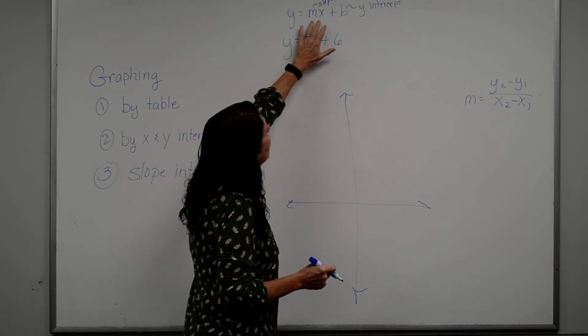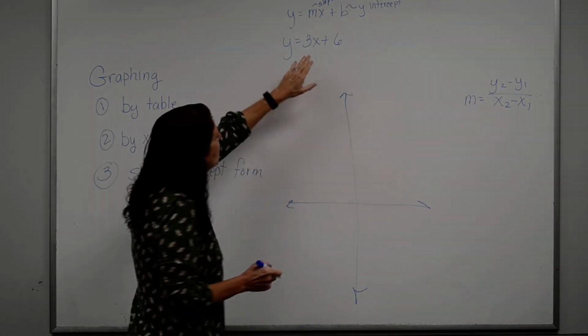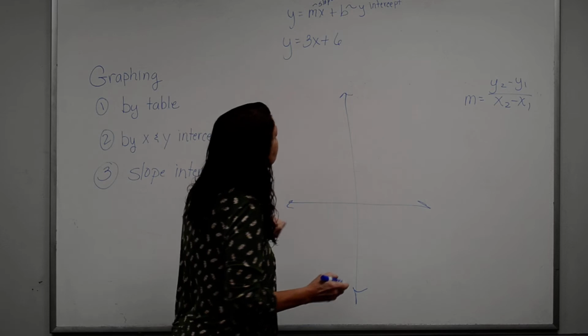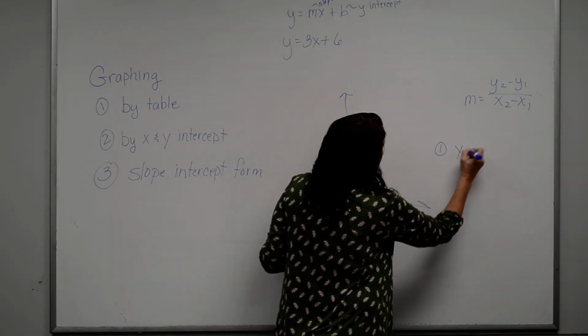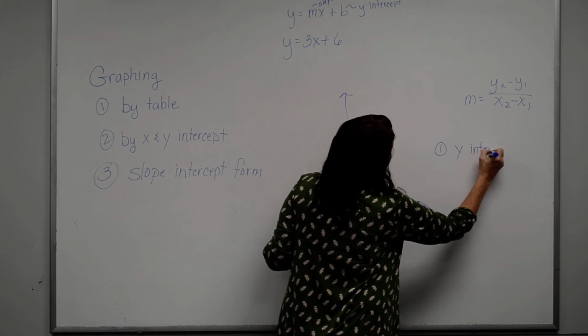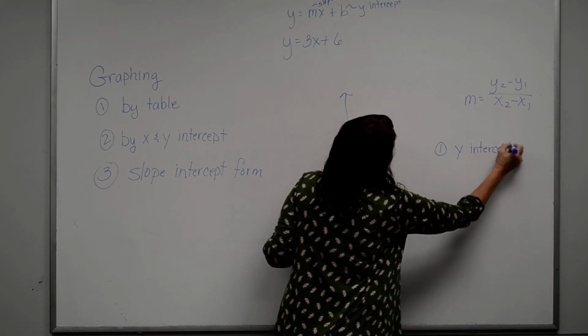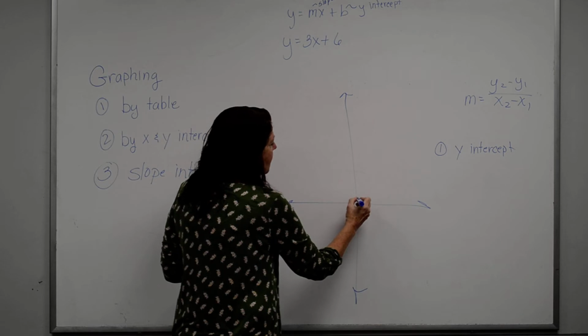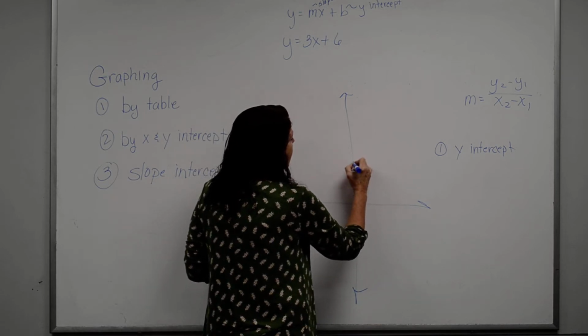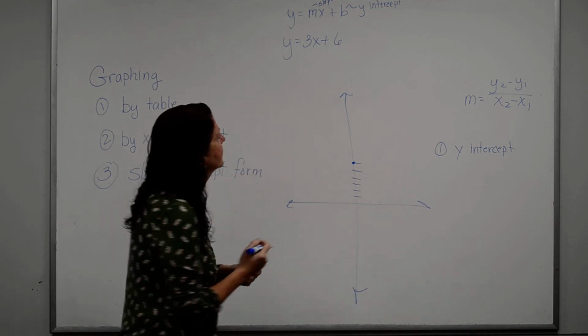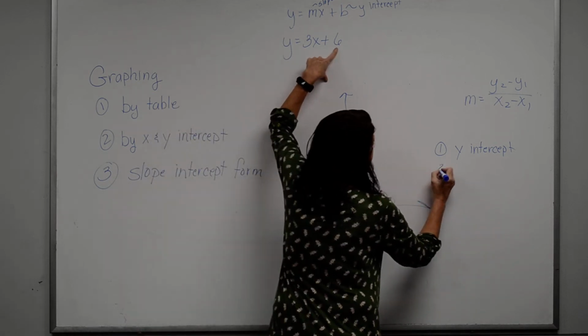Notice that the x value has to come first. So the very first thing I do is I find my y-intercept. My y-intercept is at 6, so I go 1, 2, 3, 4, 5, 6.